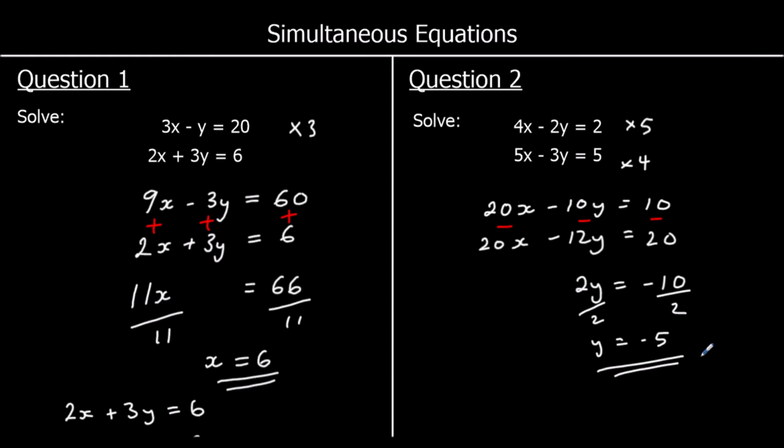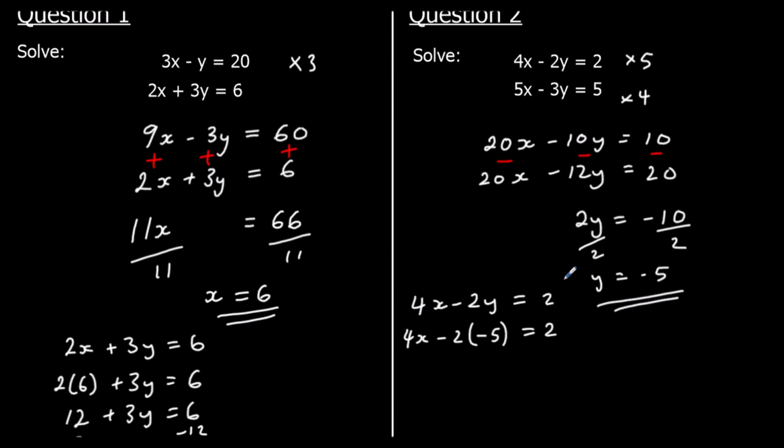So we know what y is, so we can substitute that into our top equation to find x. So y is negative 5. So we're going to change y into negative 5. Substitute negative 5 in for y. So we have 4x. We've got minus 2 times minus 5.